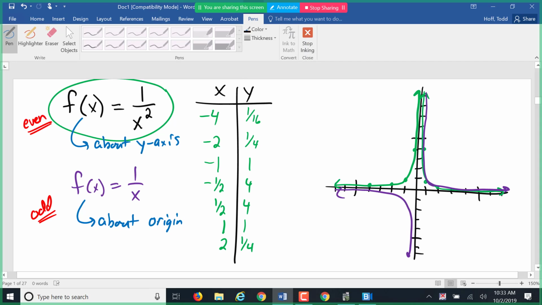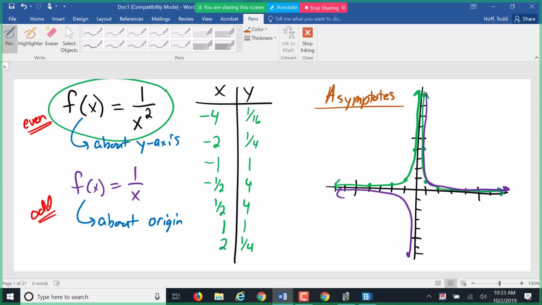So we see here that there are spots that these graphs don't cross. They're called asymptotes. Those asymptotes, so there's only one S in there, be careful. Those asymptotes are lines that the graph can't cross. Both of these functions have two asymptotes, and they're the same ones.